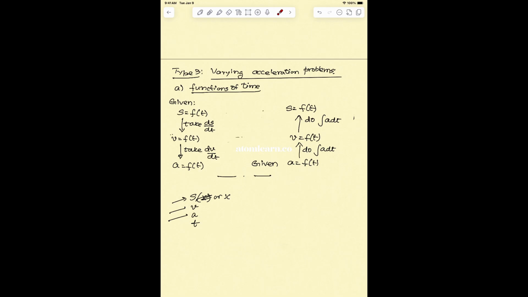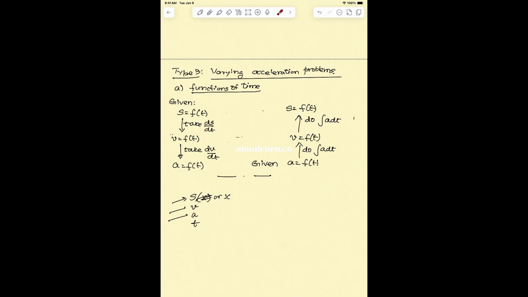As I said, the displacement symbol may be used as either S or sometimes X is used. So both are the same, of course, displacement. Then f of t means the function of time is given. Then what we do to calculate the velocity is take the derivative. ds by dt represents velocity. Once you differentiate this, you get velocity again as a function of time. Now I used the symbol f of t here as well as f of t here.